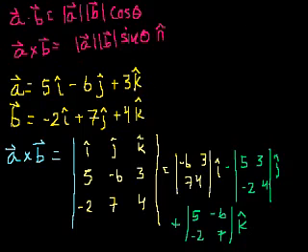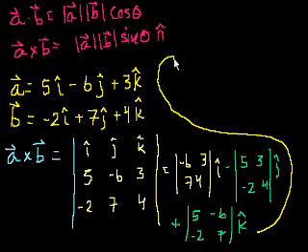So what do we get? These 2 by 2 determinants are pretty easy. This is minus 6 times 4 minus 7 times 3. So it's minus 24 minus 21 times I, I always make careless mistakes here.